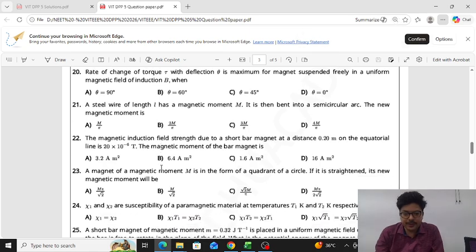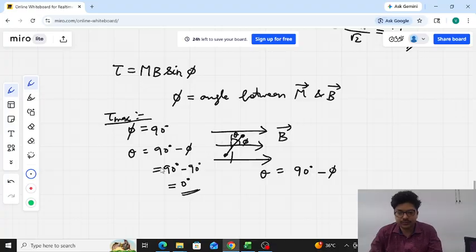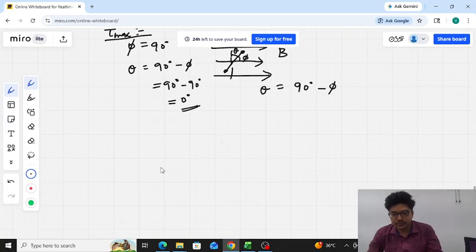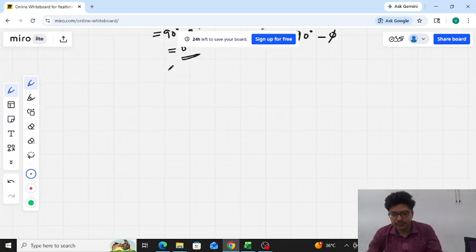Question number 21. A steel wire of length L has a magnetic moment M. It is bent into a semicircular arc. The new magnetic moment is. So what is given in this question?